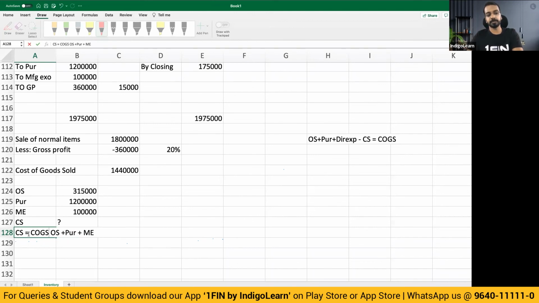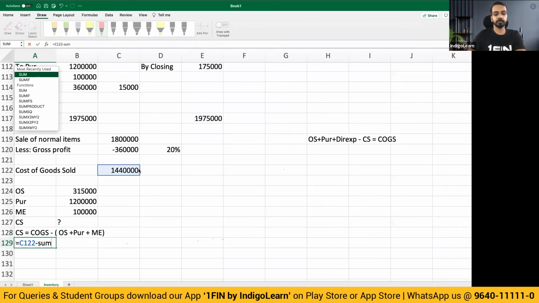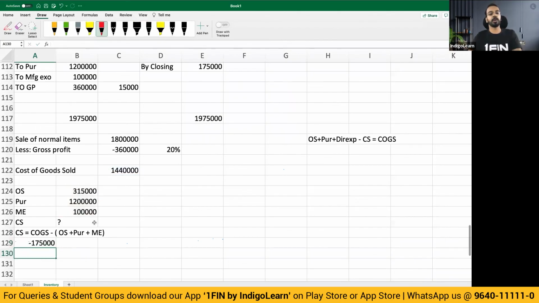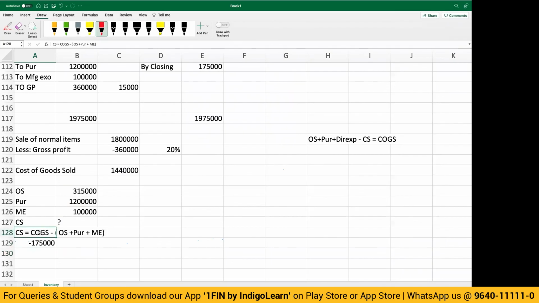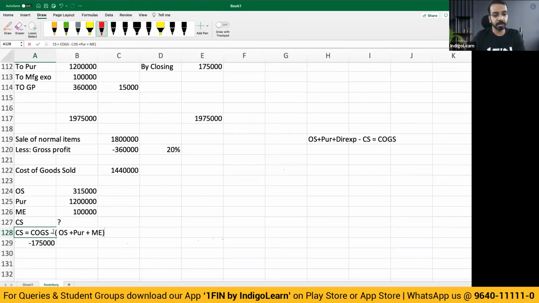So that will be 14,40,000 minus the sum of all of these. Okay, you get 1,75,000. I put it opposite, I gave a wrong sign. Yes, sir, I gave a wrong sign here. Just let me correct it. So you can use this also.